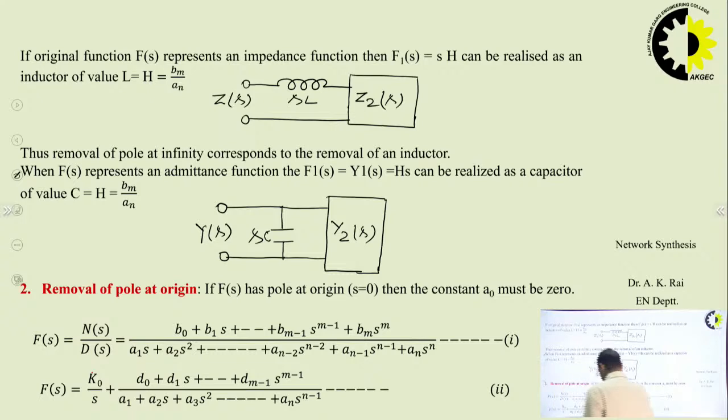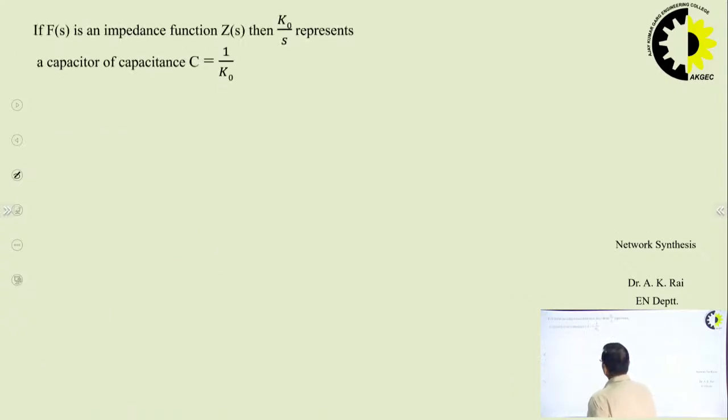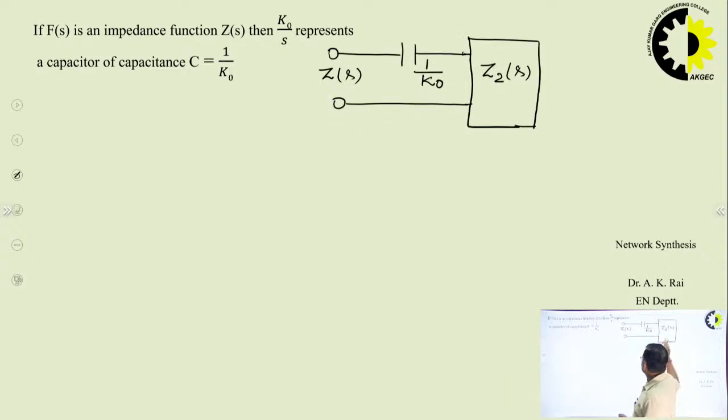And then we carry out the exercise. Suppose C is equal to 1 by k0. So, when you are removing a pole at origin, we are just removing or separating the capacitor. And then the further exercise will be carried out just to decompose Z2(s).